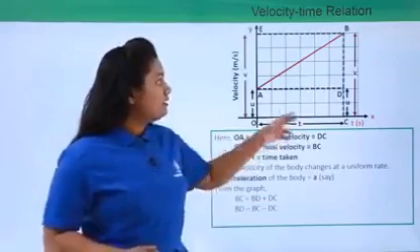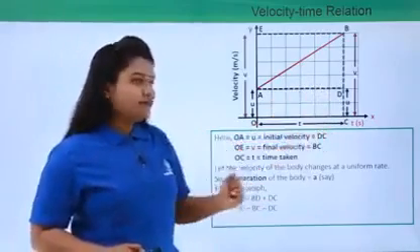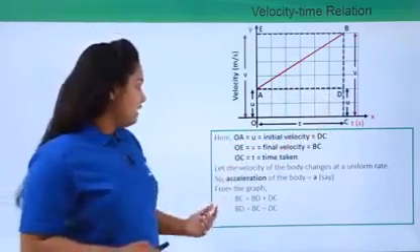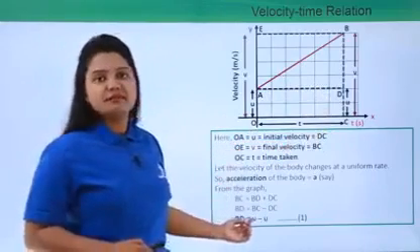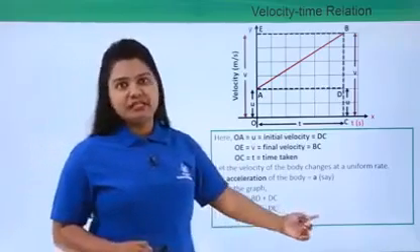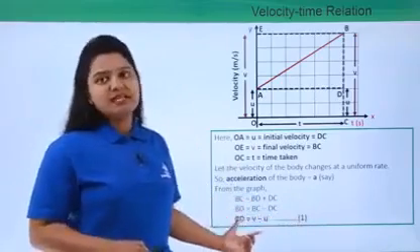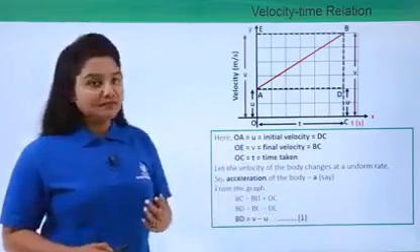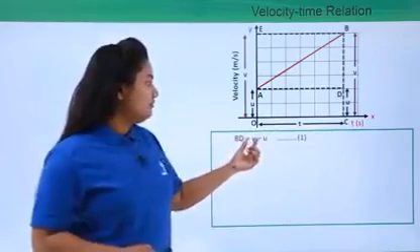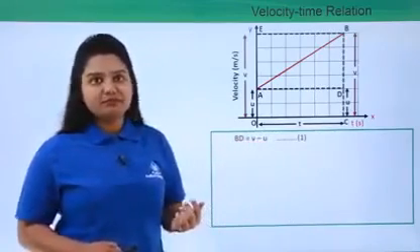Now we know the values of BC and DC, which are v and u respectively. So on putting those values, we have BD equals v minus u. Let us take this equation as our equation number 1. We'll be using this equation later on in the derivation. So our equation 1 is BD equals v minus u.